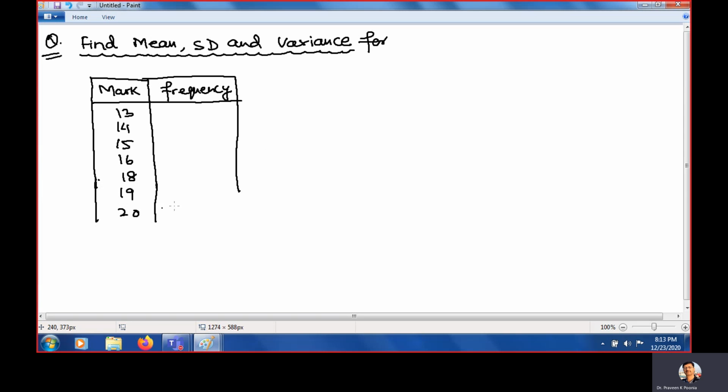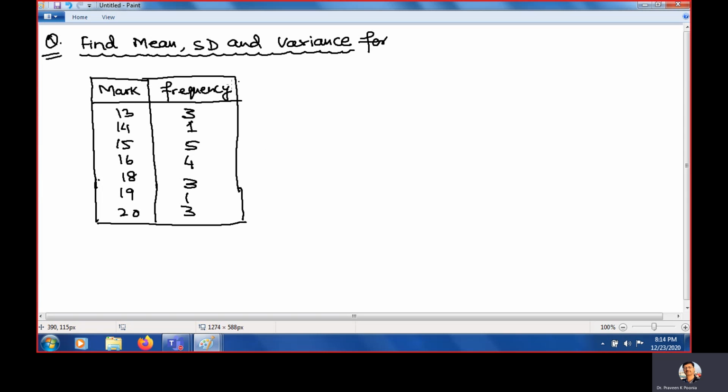If you remember, we form the tally. Tally means frequency. It is 3, 1, 5, 4 and 3, 1, 3. So this is the question, and you need to calculate the mean, standard deviation and variance.